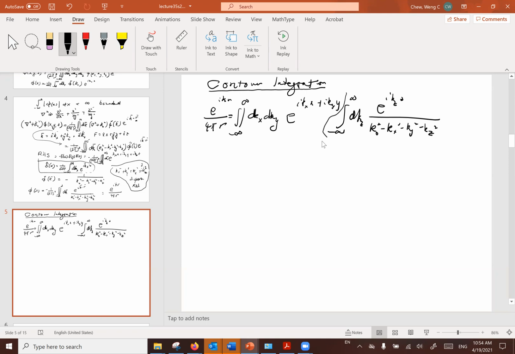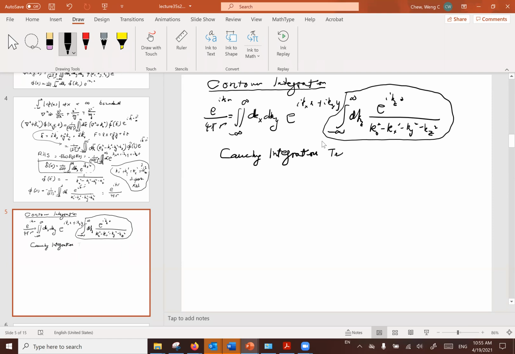So I focus my attention on this innermost integral. It only has one variable. Then I can use what I have learned in my complex variable course before called the Cauchy integration technique. And if you have been studying signal processing, you might have come across this before.